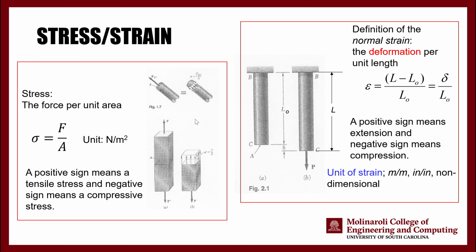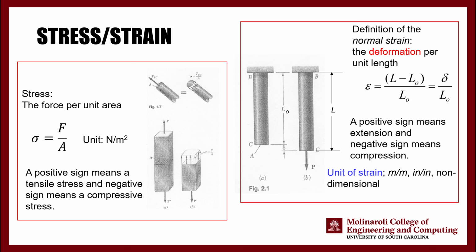So it's very important to know that if this is the direction of the force, to find the stress in the same direction, you have to find the cross-sectional area that this load is being exerted on, and then divide the load or the force by the area.